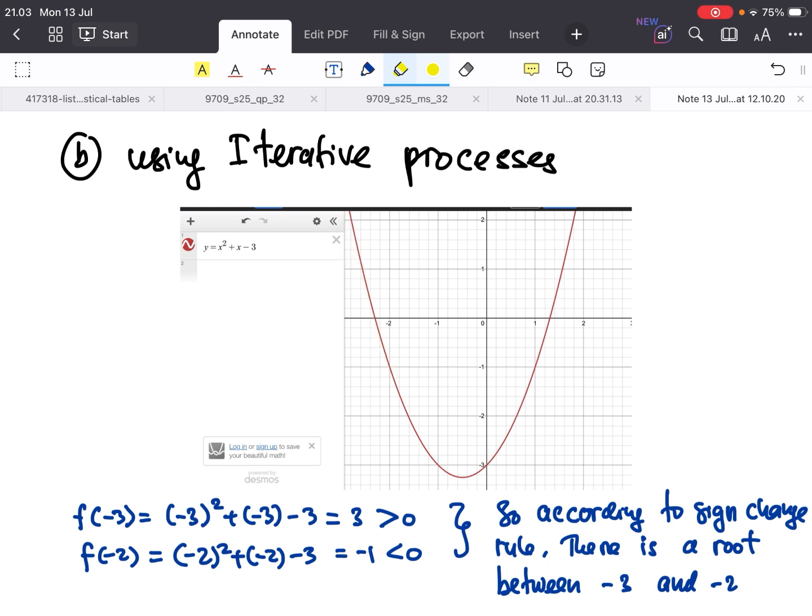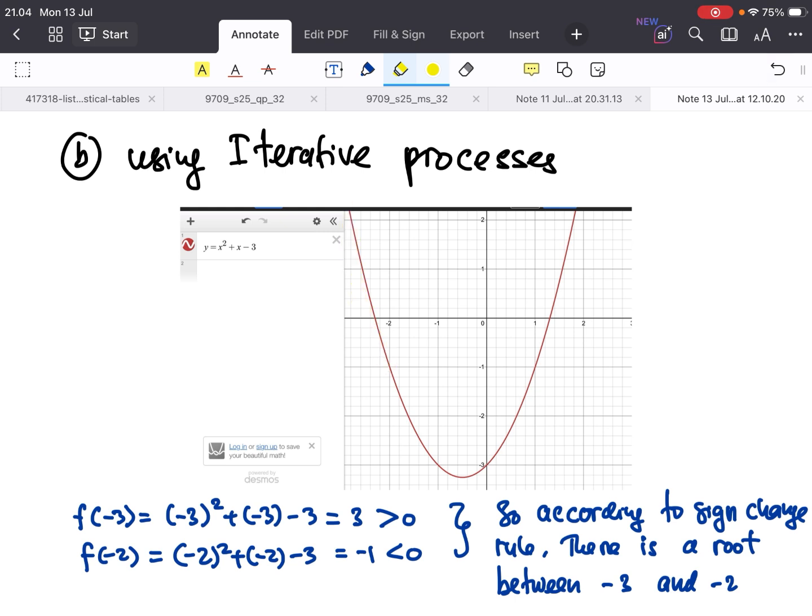So since one is positive and one is negative, we can conclude that the graph cuts the x-axis between x equals negative 3 and negative 2, since the graph is also continuous.